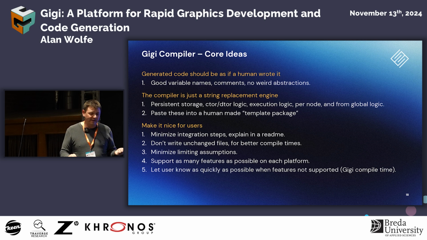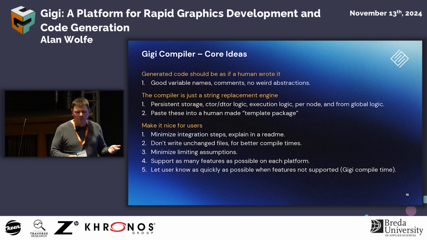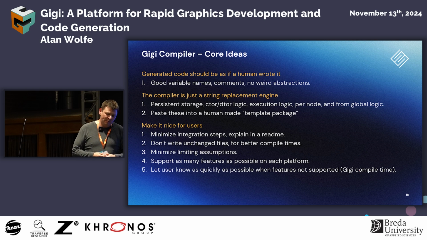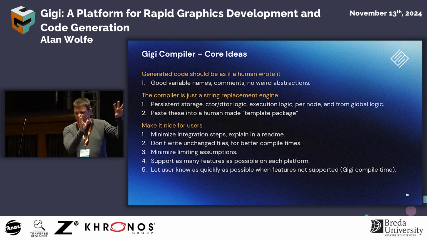What the compiler does is it runs some global logic and then some per node logic to gather up strings. If you want persistent storage, you put it into this string with a unique name. Same thing for constructor and destructor logic and execution logic. Then it just replaces those things in the package, and that's the output of the compiler.